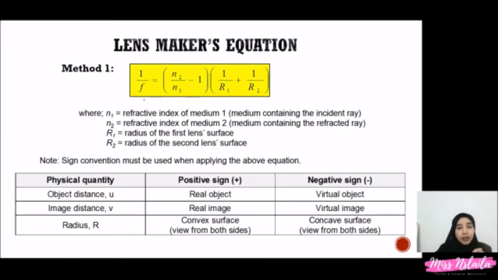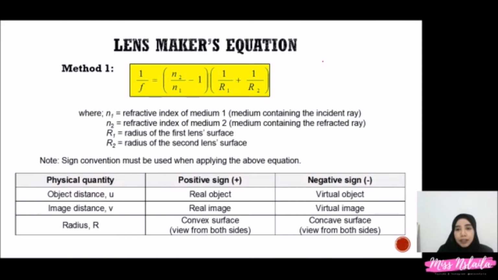So how to find the focal length? By using this lens maker equation. So as usual, N2 is the refractive index of medium 2 or the medium that contains the refracted ray. N1 is the medium that contains the incident ray. R1 is the radius of curvature for the first surface, and R2 is the radius of curvature for the second surface.